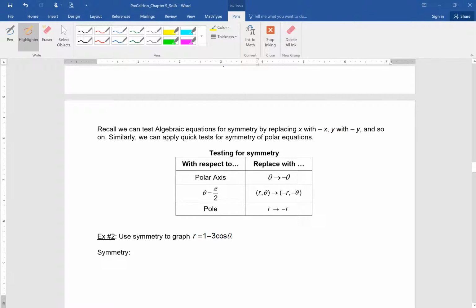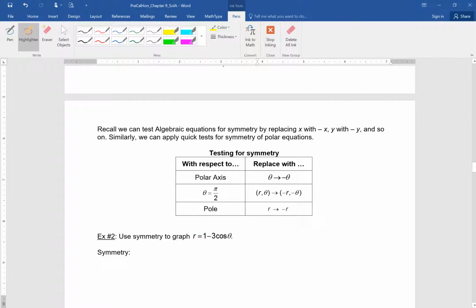Similarly, there are quick tests for symmetry of polar equations. All right. So to test for symmetry with respect to the polar axis, you switch theta to negative theta. Okay? And if you get the same equation back, then it's symmetric with respect to the polar axis.